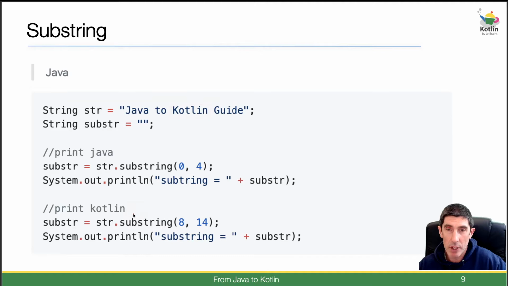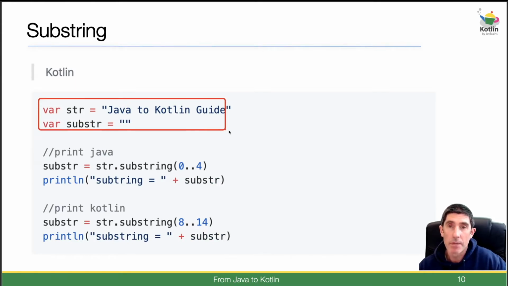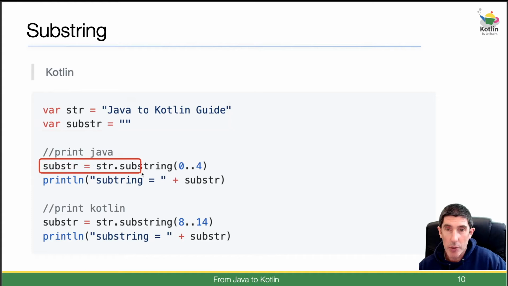So again, having to use the functions there, or use, should I say, the substring Java function, to get that. Whereas in Kotlin, we can do it like so: declare variables, get the substring, and println the substring, assigned the substar, and in substring 8 and 14.